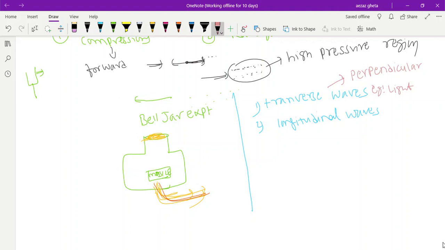The waves in which particles of the medium vibrate like this, up and down, perpendicular to the direction of propagation.